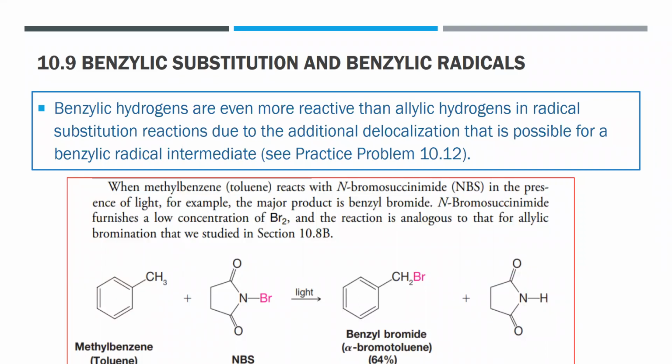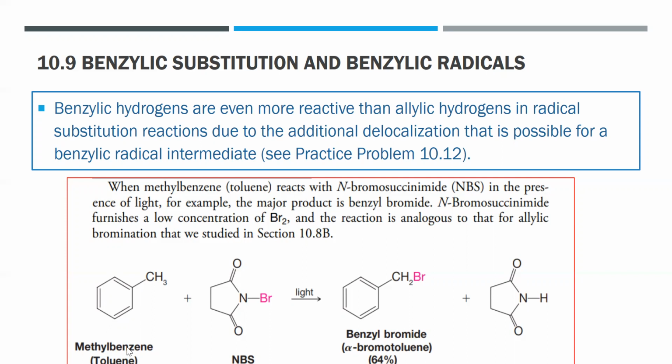If you remember, when you have an allylic position, there are only three atoms over which your electron can delocalize. In the presence of a benzene ring, there are too many atoms that the unpaired electron can go through when it does resonance, when it does pi electron delocalization. So we'll look at the reaction for that later.